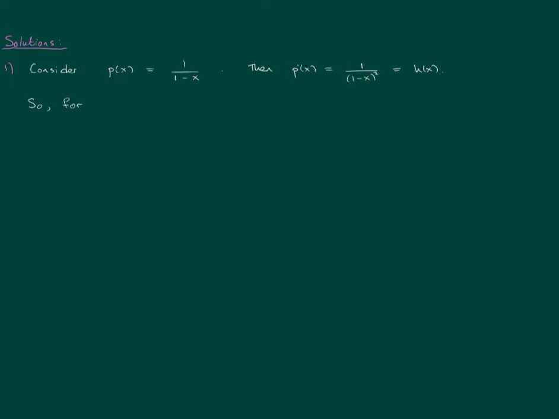So, for absolute value of x less than 1, h of x equals the derivative of p of x, which is equal to the derivative of 1 over 1 minus x, which, and here's where we're using the assumption that the absolute value of x is less than 1, is equal to the derivative of this power series, which by the theorem we just differentiate term by term, because that's what the theorem says, we can differentiate term by term.